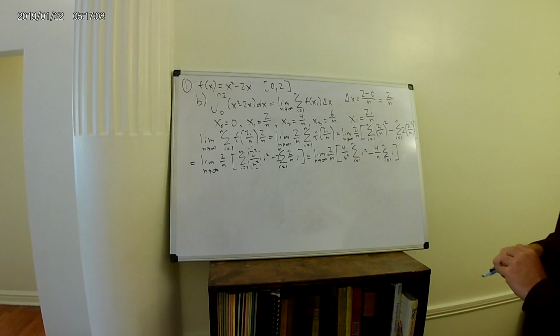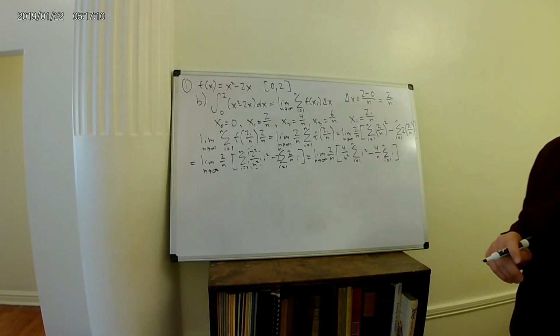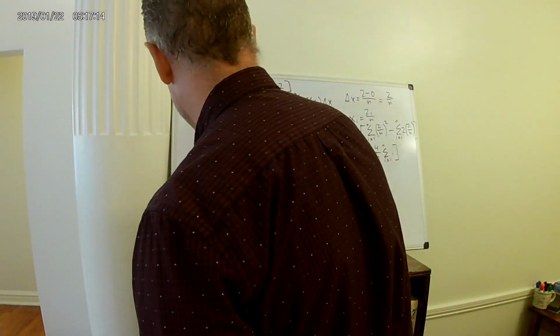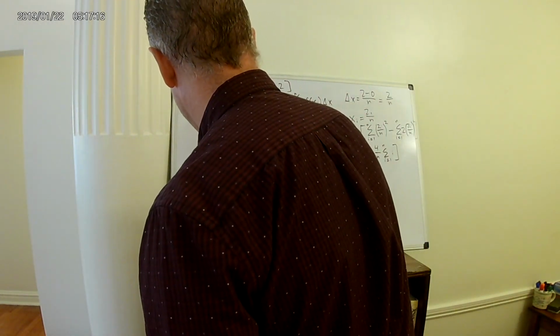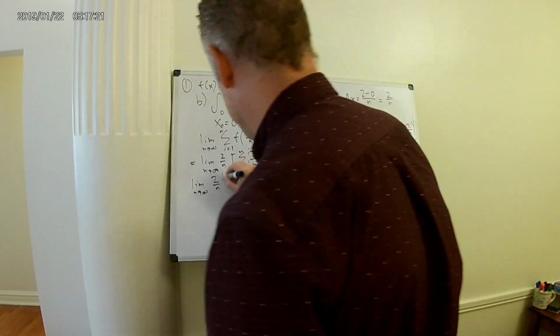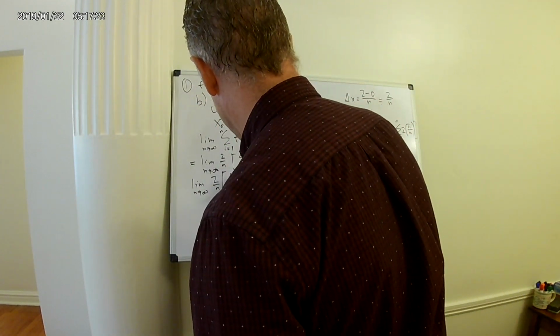And now I can use those earlier formulas for the sum of i squared. So this now equals the limit as n approaches infinity of 2 over n times 4 over n squared.